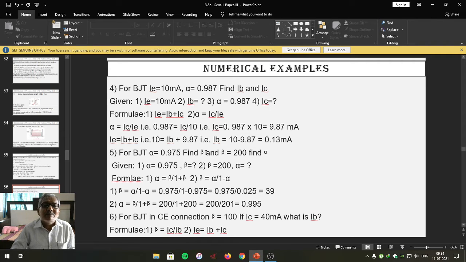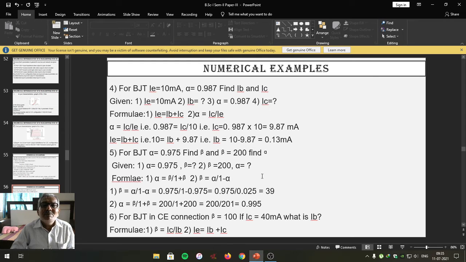This is one question. Alpha is given, you have to calculate beta. And here only, if beta is 200, find alpha. Here two examples are there to be solved together. In first case, alpha is given, you have to calculate beta. In second case, beta is given, you have to calculate alpha.